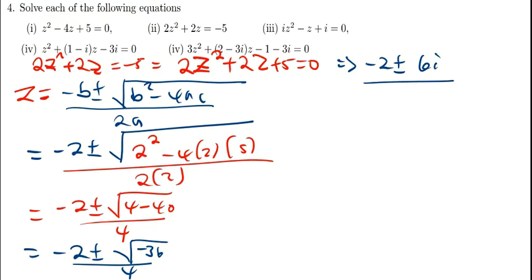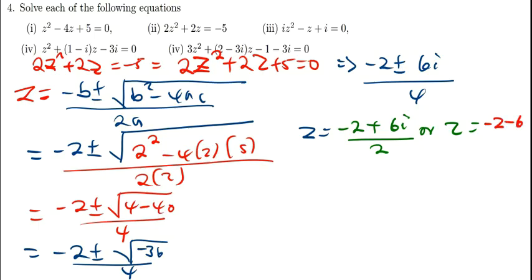I divide this by 4, so we'll have z equal to -2 plus 6i divided by 4, or z will be equal to -2 minus 6i divided by 4. Let's factor out 2 on top. Okay, let's factor out 2 and not -2.